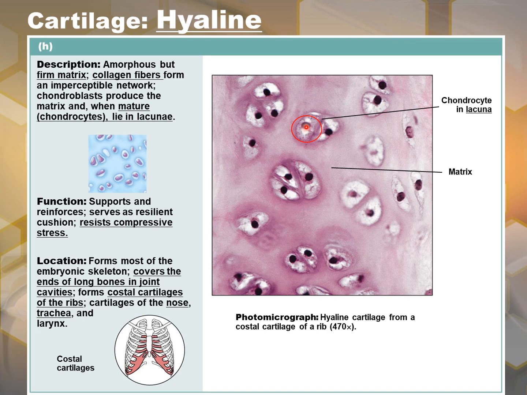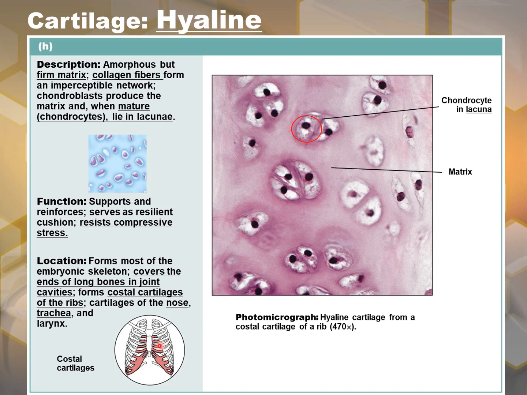So think of joints, the ends of the long bones in the joint. Instead of having that bone-on-bone contact, which is painful, you have these cartilage cushions. Because cartilage doesn't have any blood supply or nerves, you can't feel anything. So it's going to be a great resilient cushion.